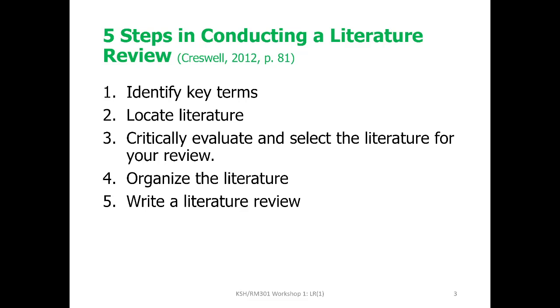All right. I have just mentioned briefly the 5 steps in the process of conducting a literature review. Now, I would like to talk more about each step and with examples if possible.